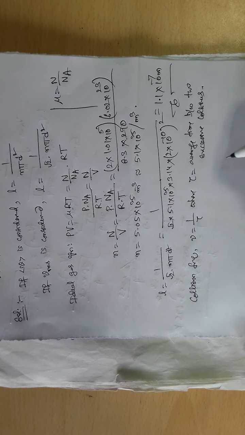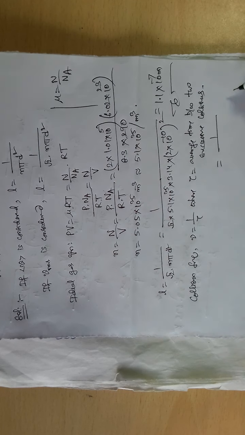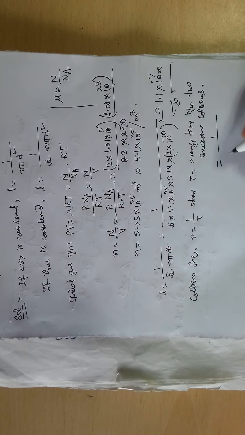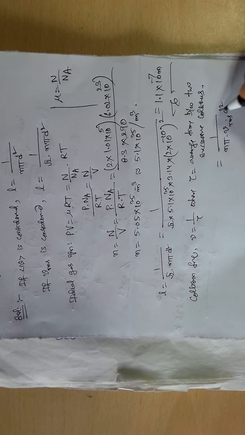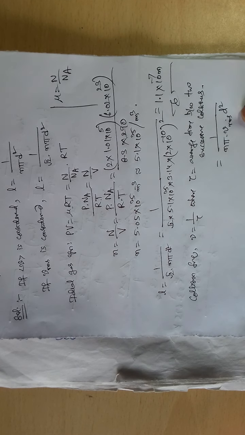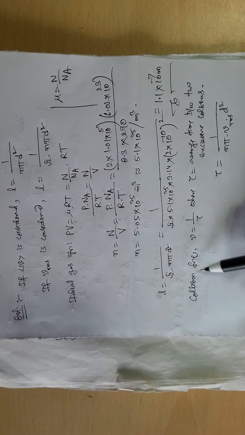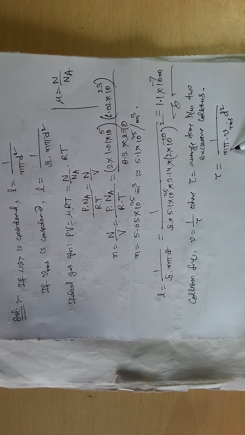And expression for tau is 1 by N pi Vrms d square. So to find collision frequency, tau is required, and to find tau, N value of course available here, d value available, but Vrms we have to find out.